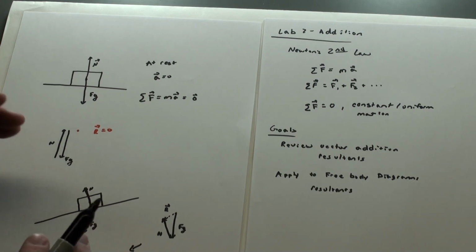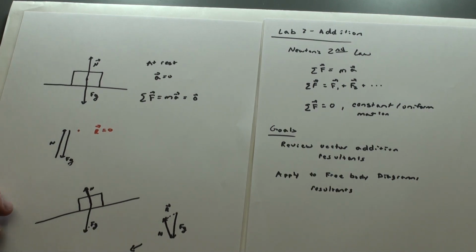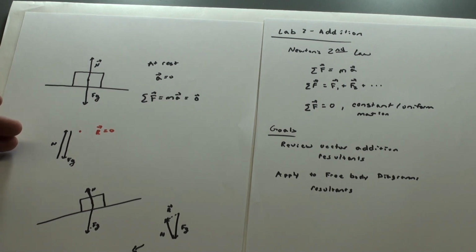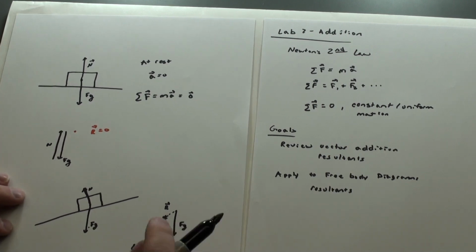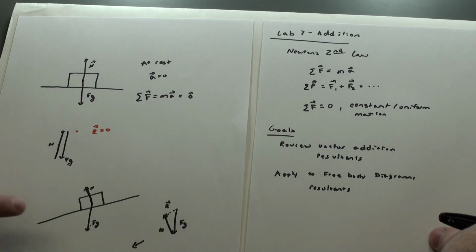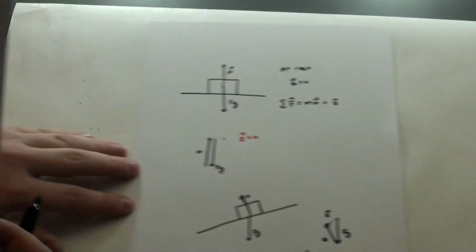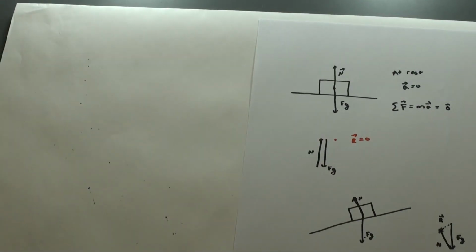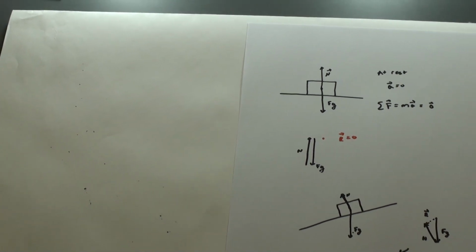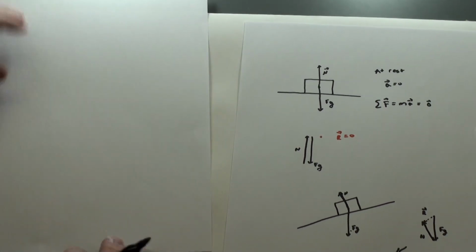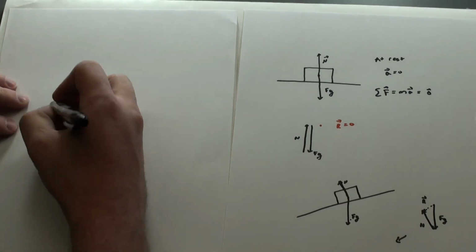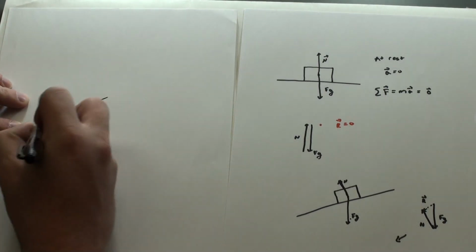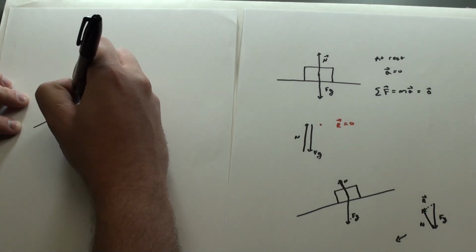A lot of times when we have a box sitting on a slant, it might not slide down, so the hardest force for us to figure out is the frictional force. So I'll take this same situation and look at it with friction involved, and we're going to try to resolve what the length of that vector would be. This is just to get the idea of the concept going. So let's say we have the same situation.